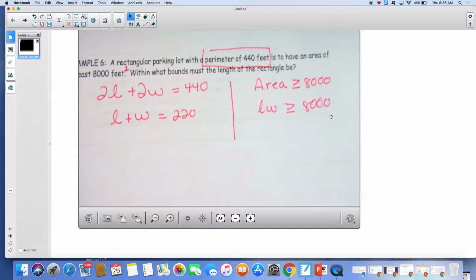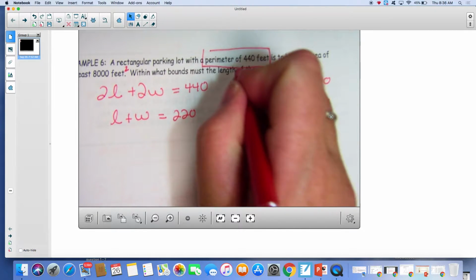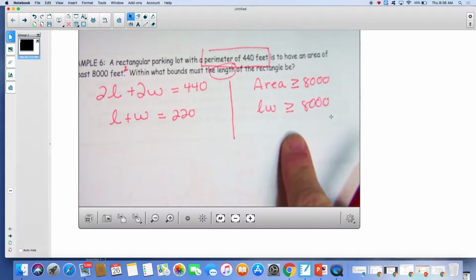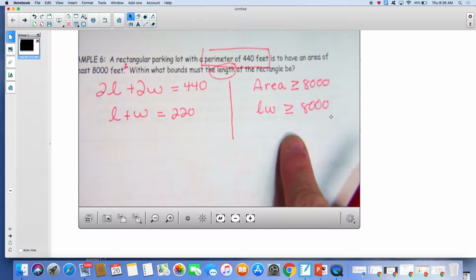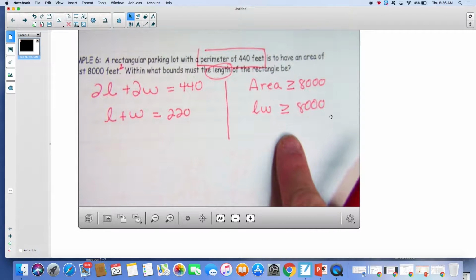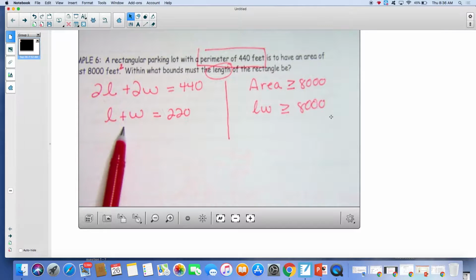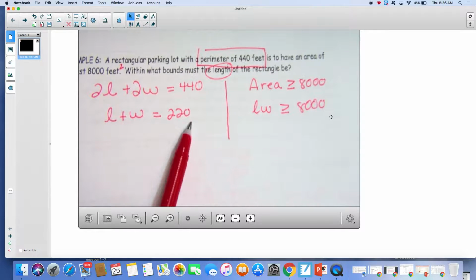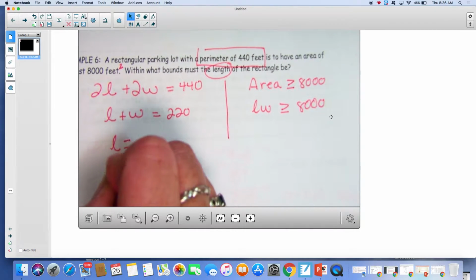Within what bounds must the length be? All right, so I need to write this in terms of length only. Well, if the length plus the width equals 220, what's the length going to have to equal?